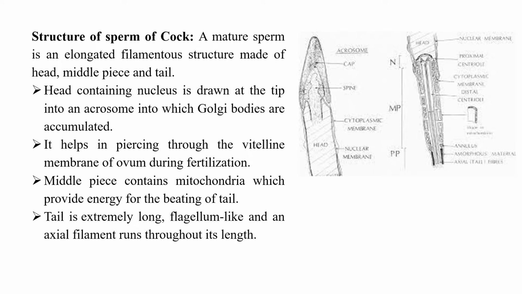The head containing nucleus is drawn at the tip into an acrosome into which the Golgi bodies are accumulated. It helps in piercing through the vitelline membrane of the ovum during fertilization. The middle piece contains mitochondria which provide energy for beating of tail. The tail is extremely long, flagellum-like, and an axial filament runs throughout its length.